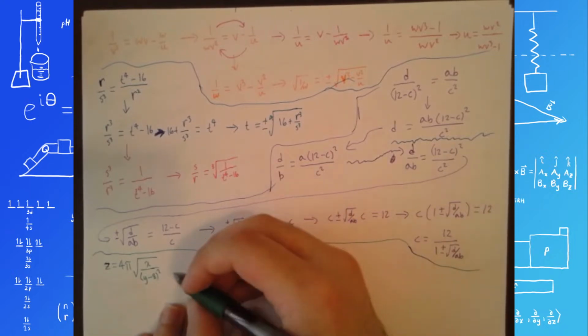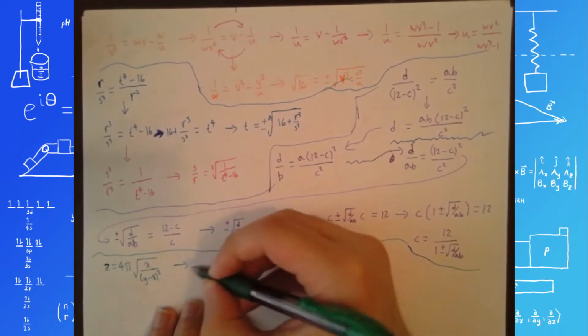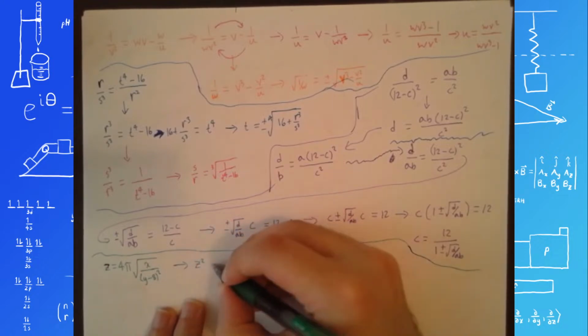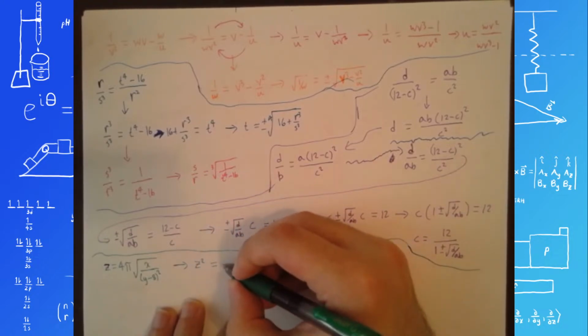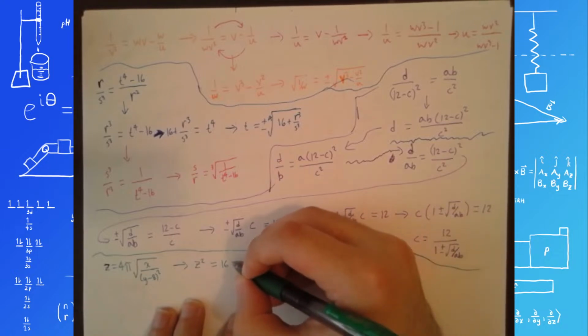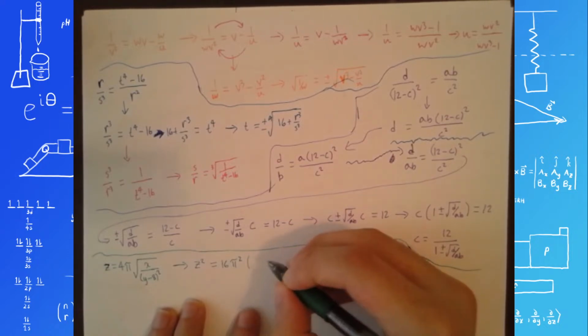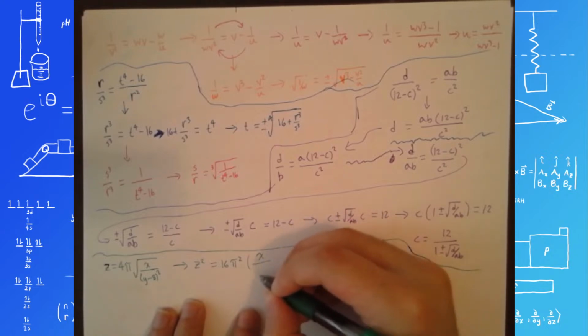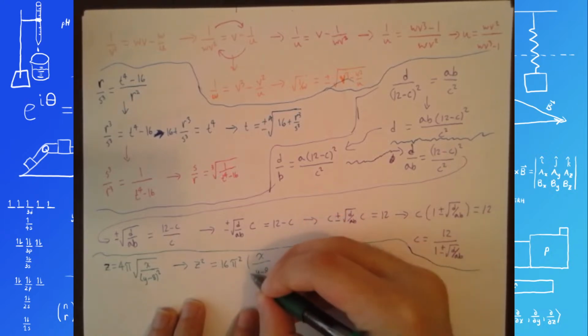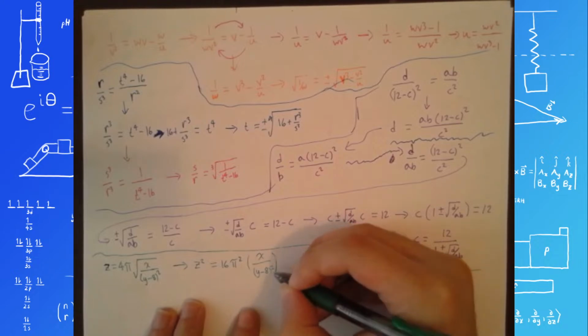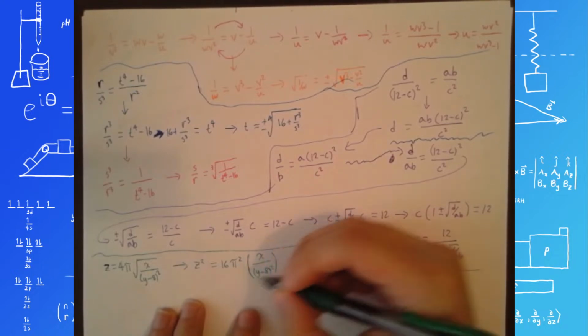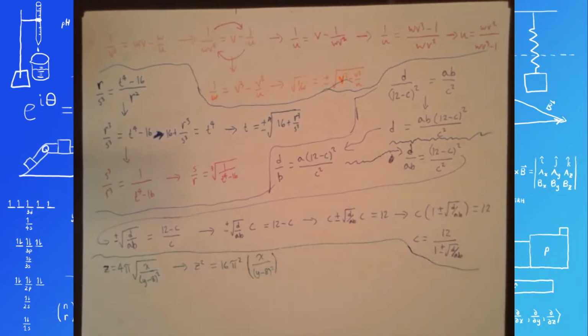So let's go ahead and actually square both sides of this, and that will give me z squared equals 4 squared is 16 times pi squared times all the stuff under the square root squared just gets rid of the square root, and that leaves me with x over y minus 8 squared. I guess I don't really need those big parentheses, but just for clarity's sake, I will include them.